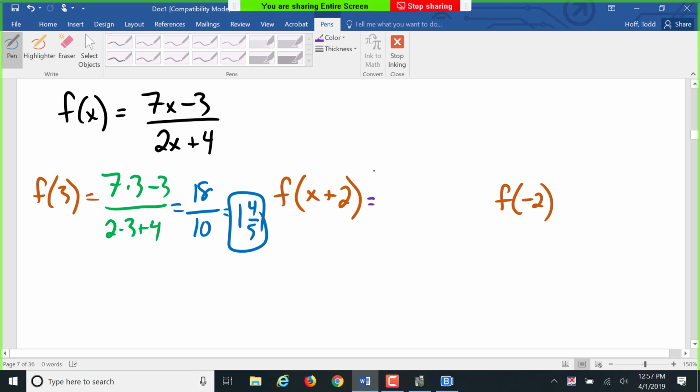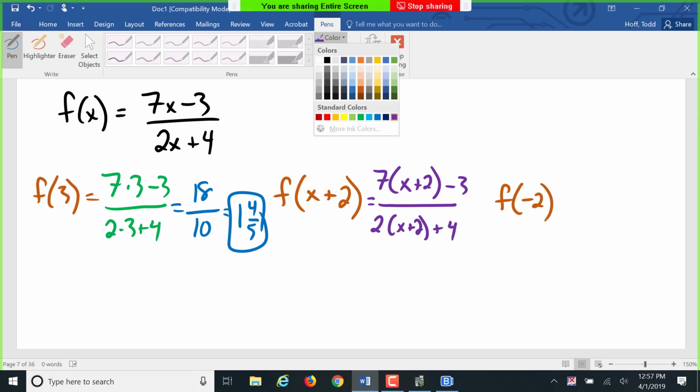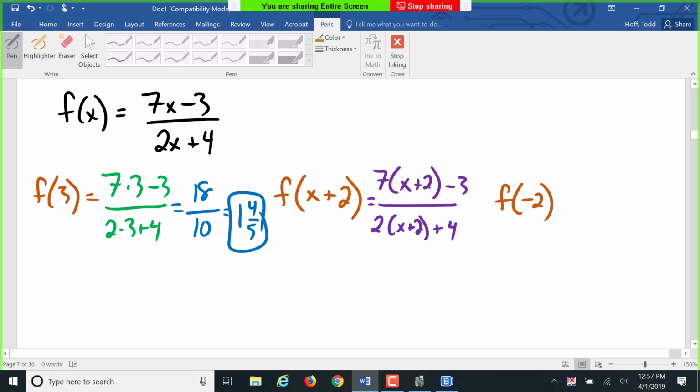f of x plus 2 is a little trickier here. So that's 7 times (x plus 2) minus 3 over 2 times (x plus 2) plus 4. I'm going to work my way up here. 7 times (x plus 2) is 7x plus 14, minus 3 gives us 7x plus 11 on top.